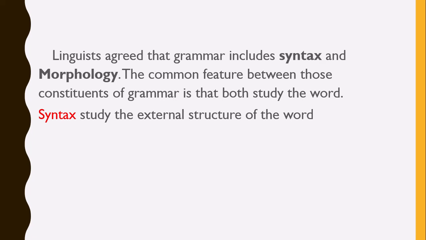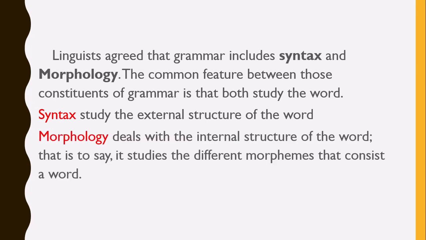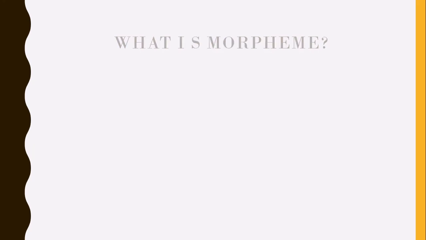It doesn't deal with the different parts of a word. Whereas morphology deals with the internal structure of the word, or the deep structure of the word. That is to say, it studies the different morphemes that constitute a word. So here we deal with morphemes within morphology.